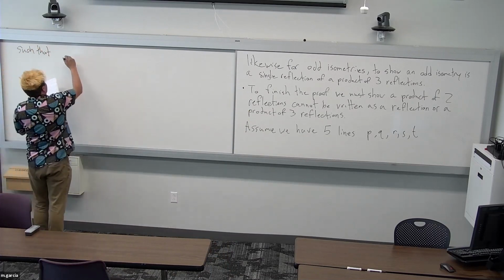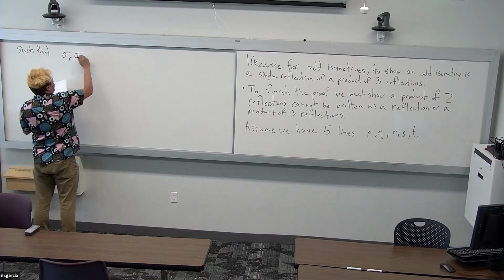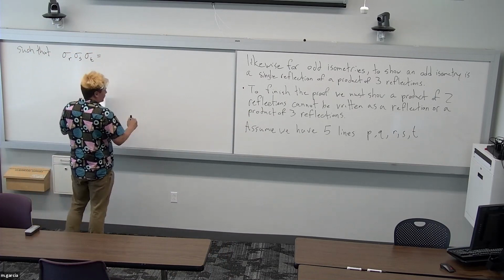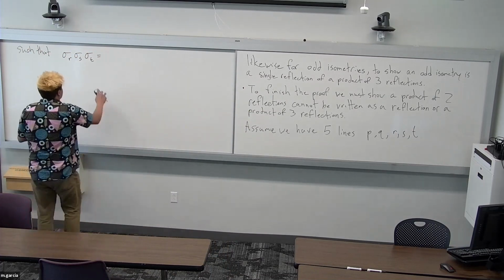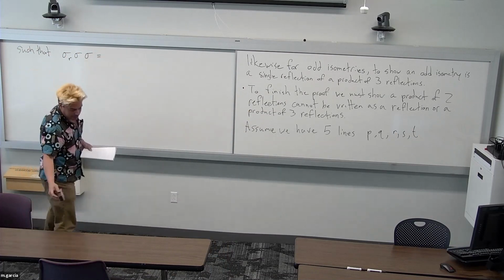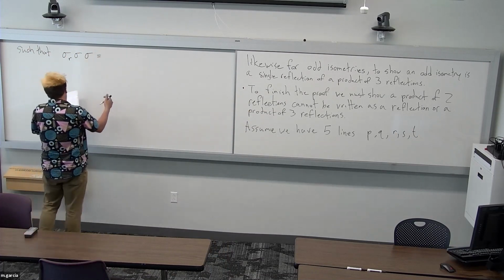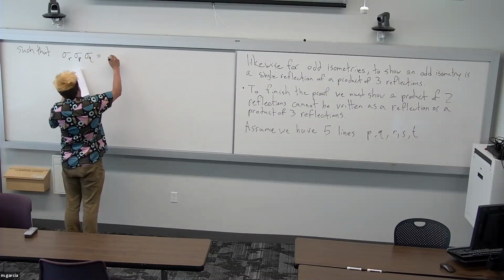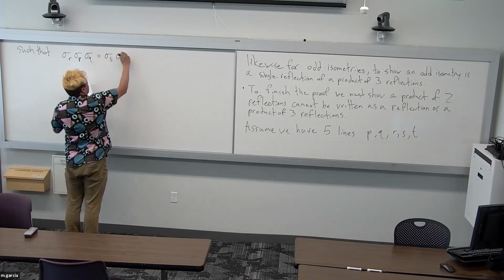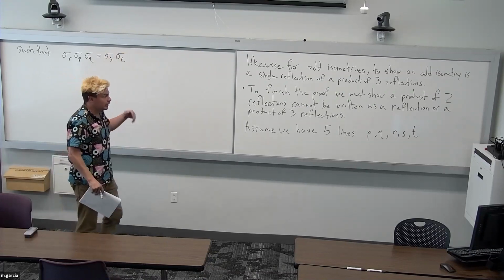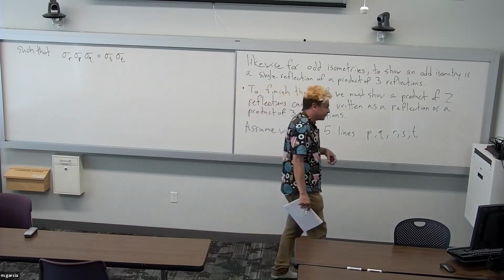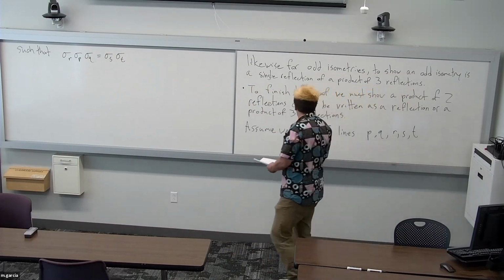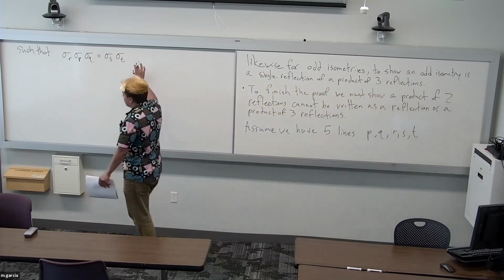We have sigma R, sigma S, sigma T is equal to, oh, sorry, just want to make my notation consistent with my notes. So this is actually sigma P, sigma Q is equal to sigma R, sigma S, sigma T. Okay, so we'll assume that a product of 2 reflections can be written as a product of 3 reflections. That there are some lines, P, Q, R, S, and T, that satisfy this equation.